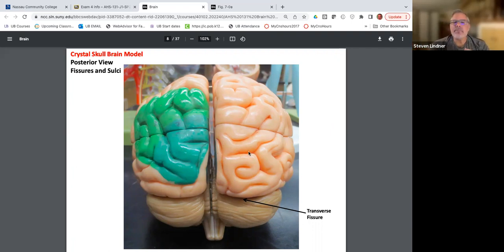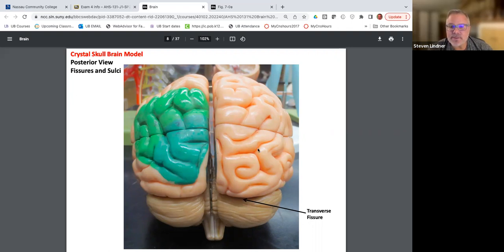Cerebrum makes up a big part of the brain that has these lobes, like the occipital lobe or the frontal lobe and the temporal lobe and the parietal lobe. That's all different parts of the cerebrum. The cerebellum is here on the posterior inferior portion.